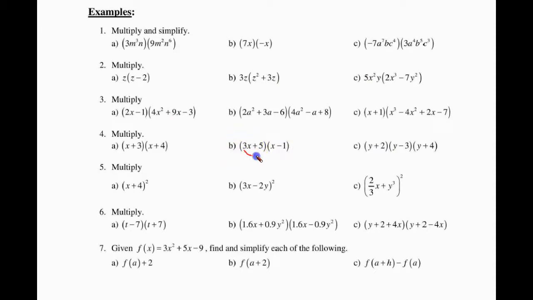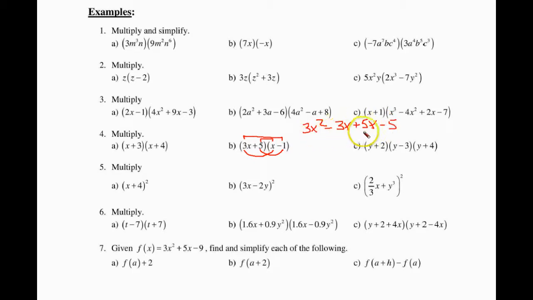Let's try this one. First will be 3x squared. Outers, a negative 3x. Inners, a positive 5x. And then last, a negative 5.